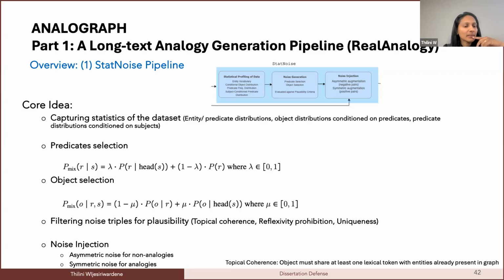Then once you have the triples that you would like to add, you inject them into your graph. For non-analogies, you have two graphs, either could be analogy or not analogy. You add noise to one graph, which is asymmetric, or you add noise to both graphs, which is symmetric. That is for analogies.